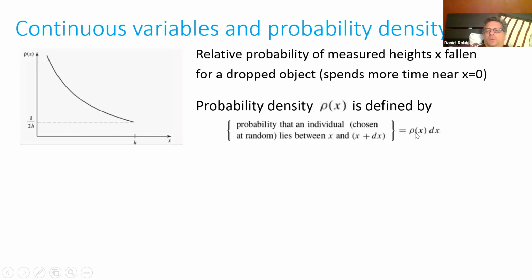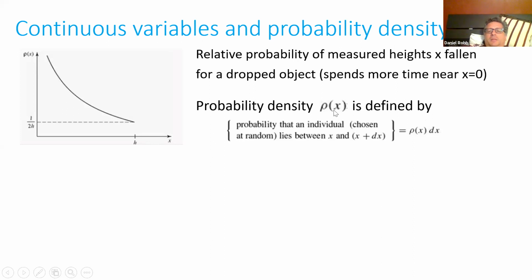So what does that mean the units of probability density are? Well, they would be probability, which doesn't have any units, divided by dx. So in this case, divided by length. So the probability density would have units of 1 over length, or most likely 1 over meters.